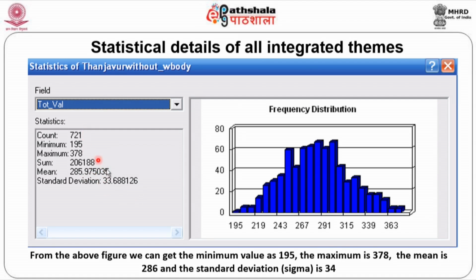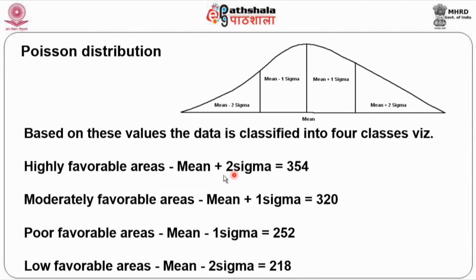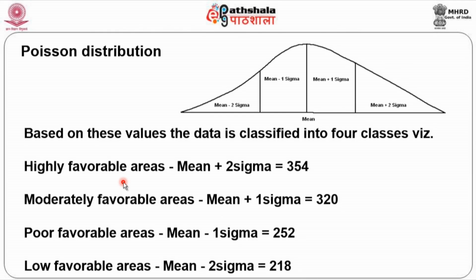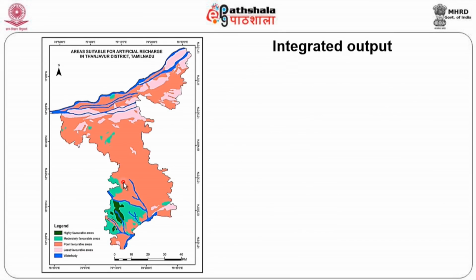So these values are put together, and then based on that, I was telling you here how you calculate the mean plus 2 sigma. That means we just take the mean value plus twice the value of your sigma, the standard deviation. So this value plus twice this value, plus once this value, minus twice this value, minus once. So this is how you analyze the data and then come to a conclusion.